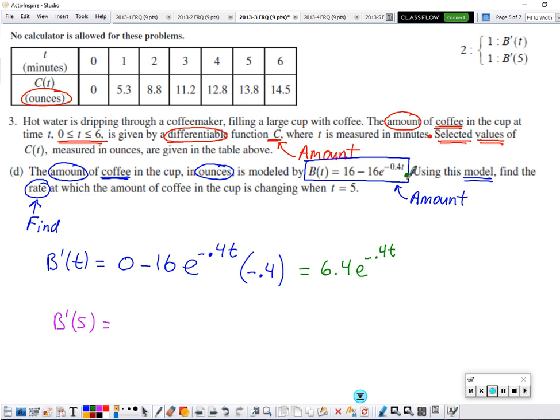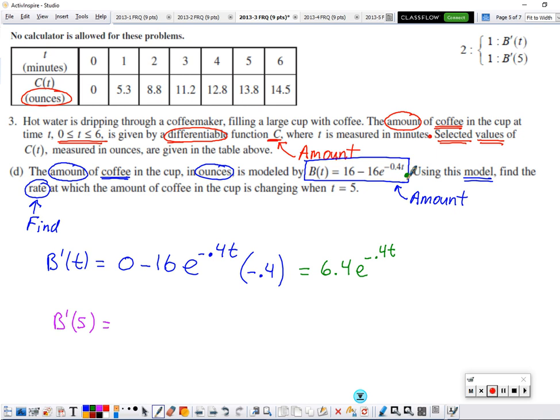Did that click? Yeah. Using the model, find the rate. So we're not trying to find the amount, we're trying to find the rate. To find the rate from the model, since the model models the amount of coffee, you have to take the derivative. Does that help? So that equation is basically like the line goes. It's a curve, it's not a line, but yeah.